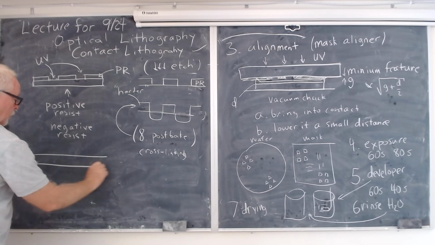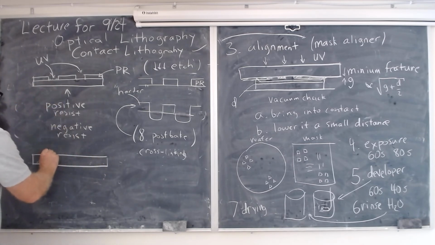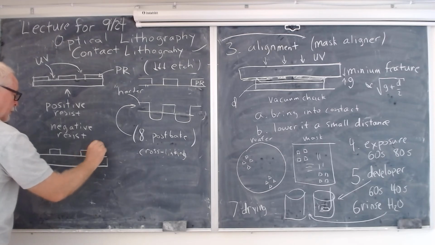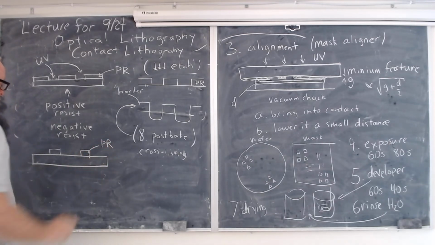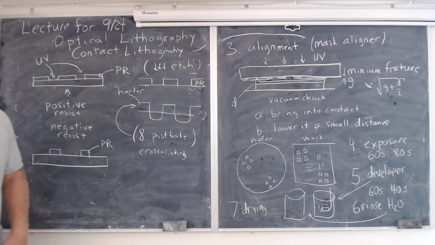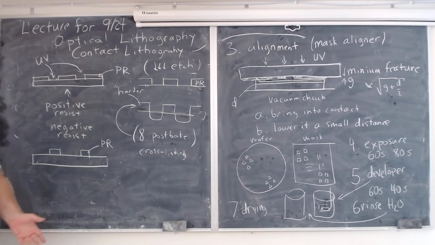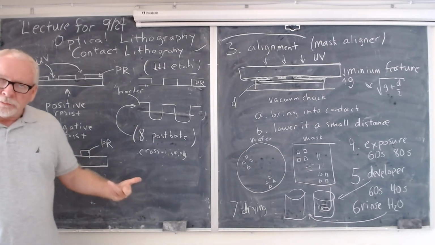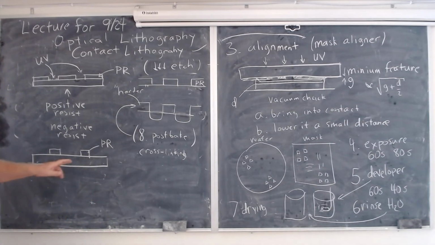Wherever it has been exposed stays in the developer. So it's just the opposite. Either the UV causes the photoresist to become soluble in the developer, or the photoresist is already soluble in the developer, and by exposing it, you make it insoluble. And so you get positive and negative.